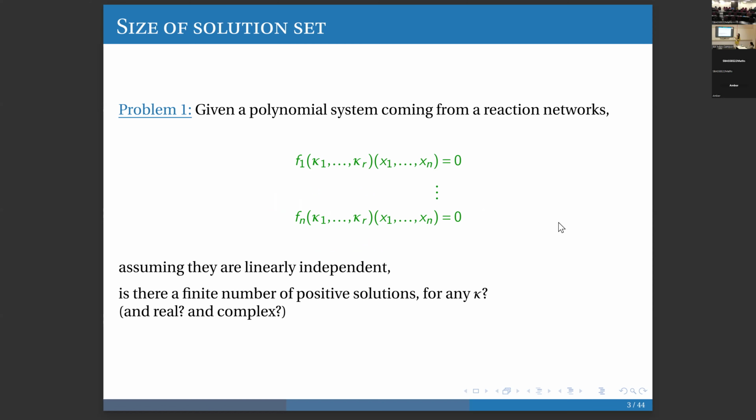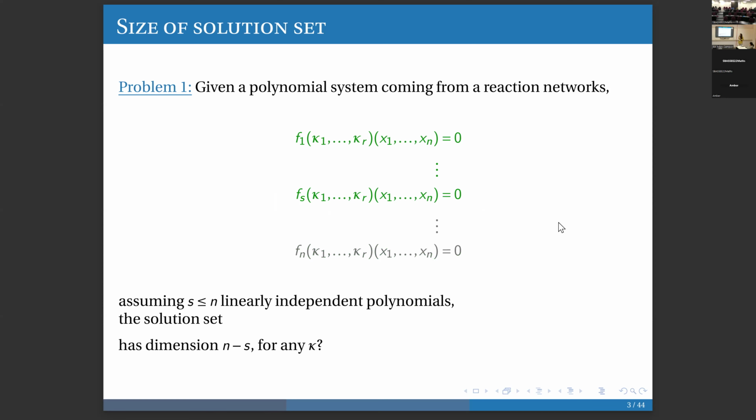If the system was linear, if they were linear polynomials and they were linearly independent, we would know there is only one solution, right? But if they are not linear, then this is not so clear. Well, if they are not linearly independent, of course, we could just stick to s linearly independent ones, just as we did.